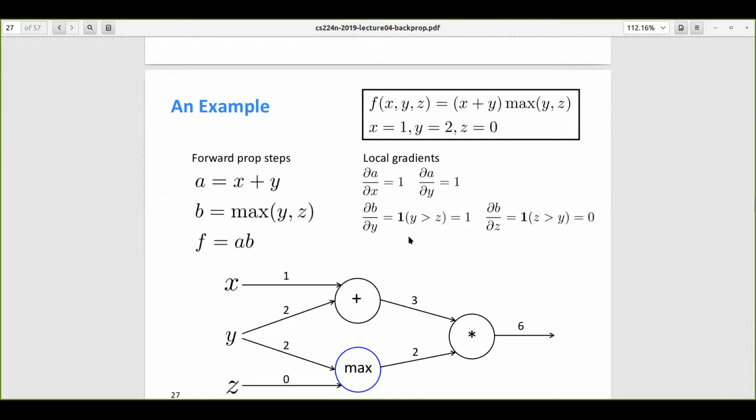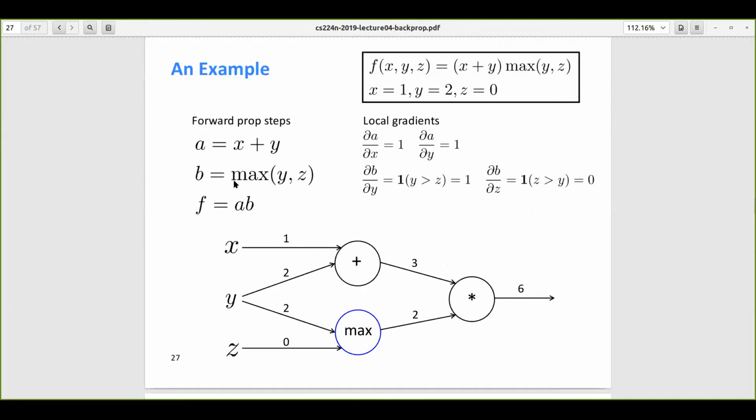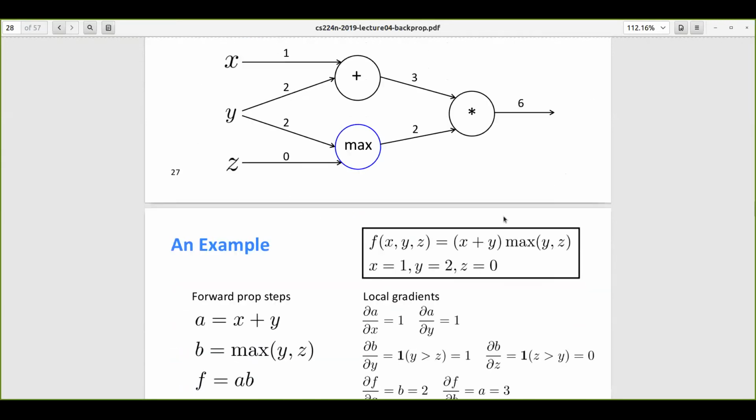When it comes to b, this function is not as straightforward as x plus y. We are taking 2 values, y and z, and returning the max value of the two. The gradient works this way: when you take the gradient of b with respect to y, if y is greater than z, then the gradient of b with respect to y is 1, or else it's 0.